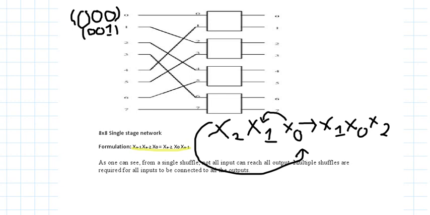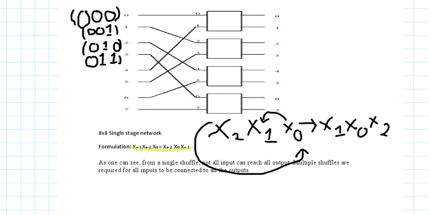The address of the third processor is 2, so its binary representation is 0, 1, 0. The address for the fourth processor is 3, so its binary representation is 0, 1, 1.